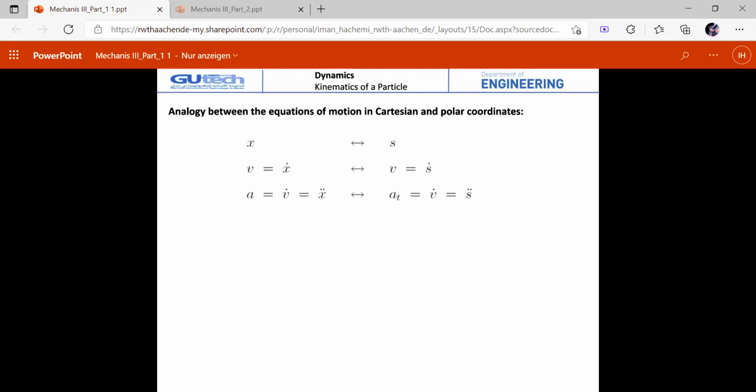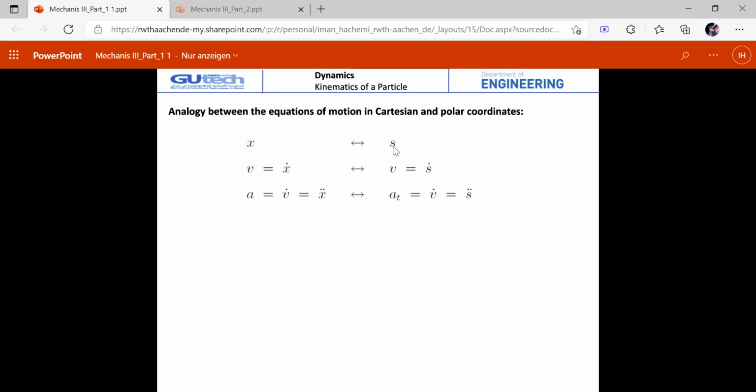Now, if we make the analogy between the equations of motion in the Cartesian and polar coordinate systems, we have x, the position; the velocity is the time derivative, and the acceleration is the time derivative of the velocity, the double time derivative of the position x.